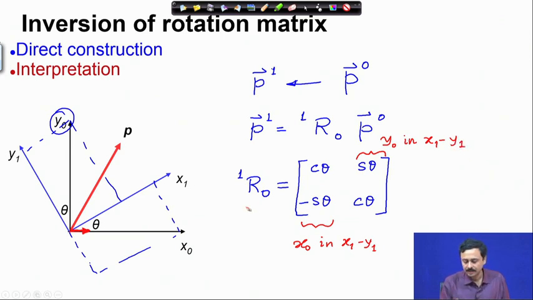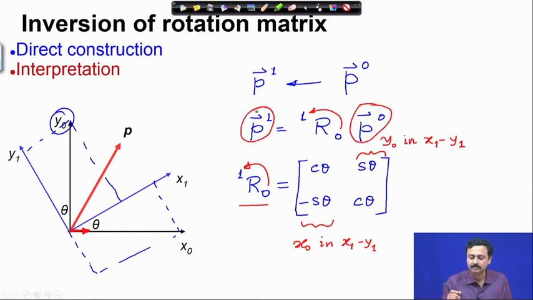That gives me the rotation matrix from frame 0 to frame 1. On the right we have a vector in frame 0 and we get a vector in frame 1. So, that is the inverse of the rotation matrix.